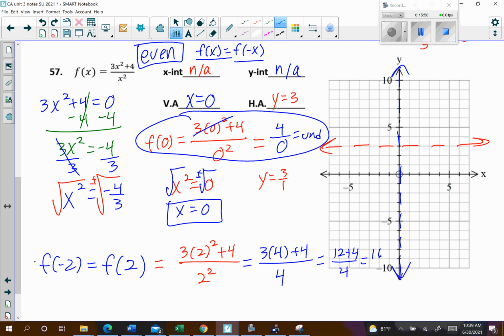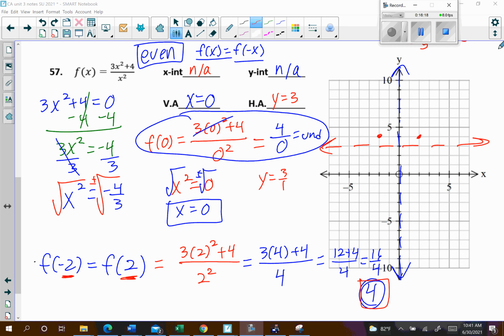And then we get 16 over 4, which reduces down to a 4. So when x is -2 or +2, I get a 4 in return. So at -2, I'm up here at 4. At +2, I'm up here at 4.